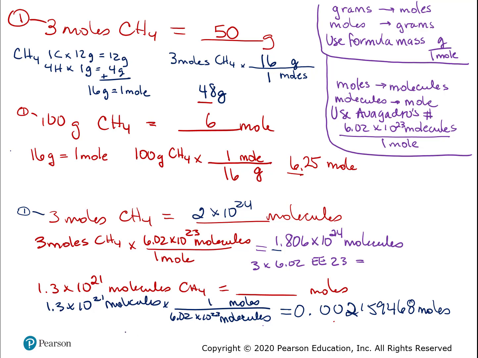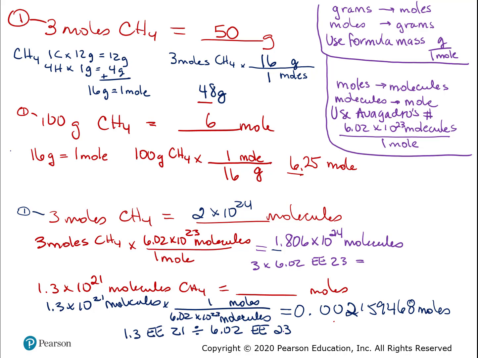Okay. So I put in 1.3 EE 21. Then I did divided by 6.02 EE 23. What did you not do? Oh. Yeah, that'll add a problem. Okay? So see, did you get that?